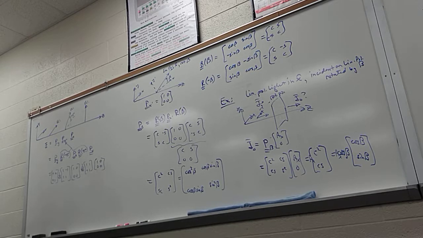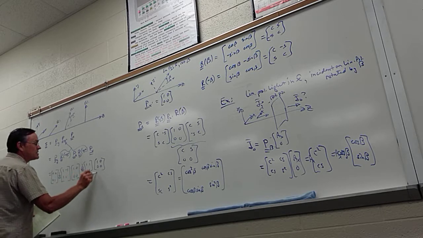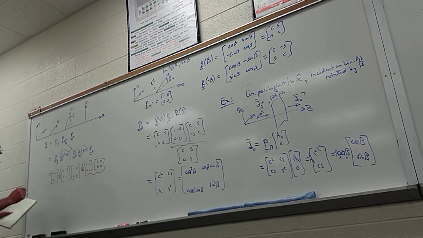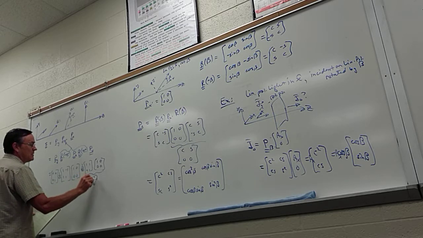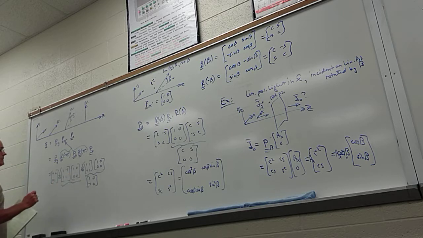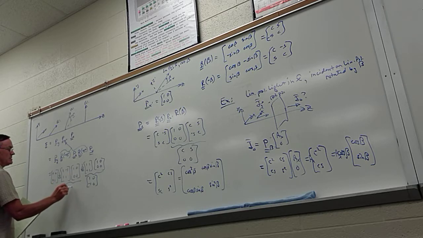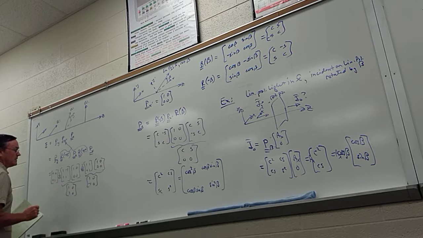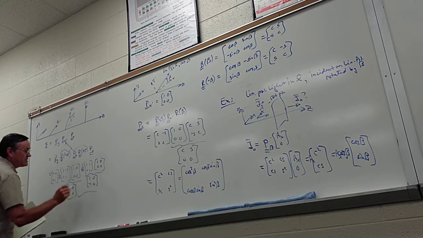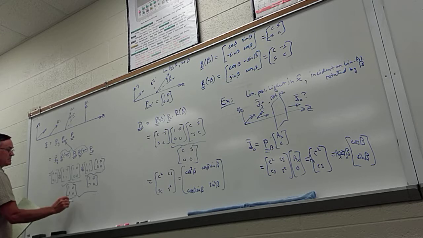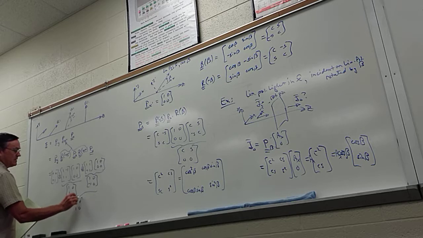Okay, so we do some matrix multiplies. This one right here gives us 1, 0, minus 1, 0. And this one gives us a 1, 0, 1, 0. Then if we multiply these together, that gives us a 1, 0, 1, 0.